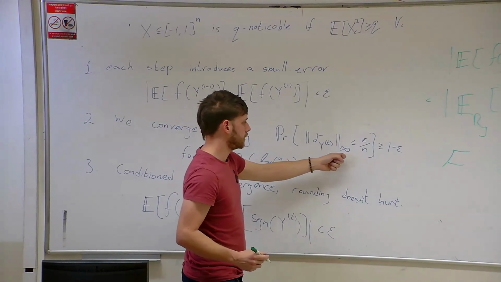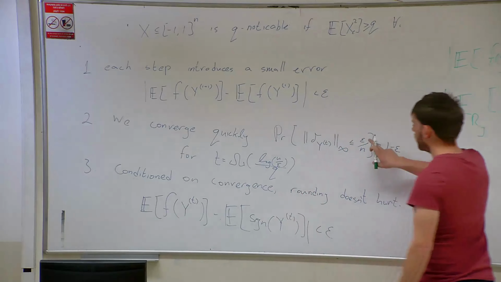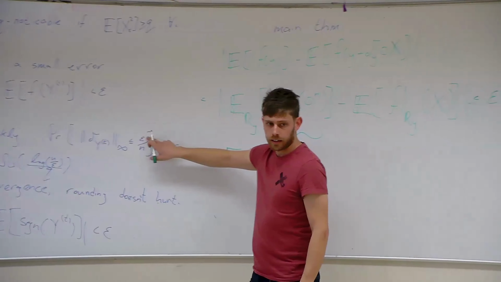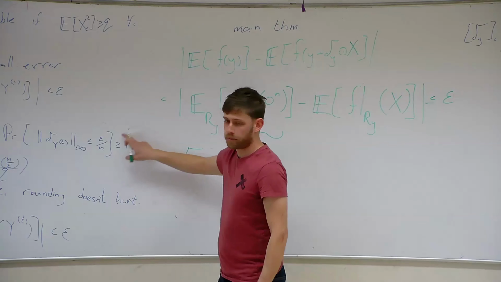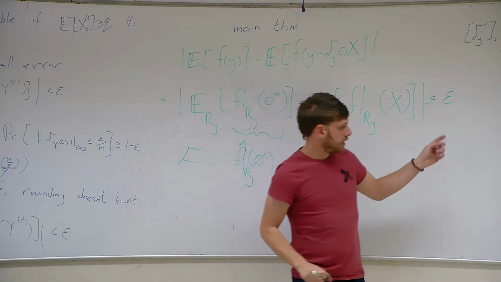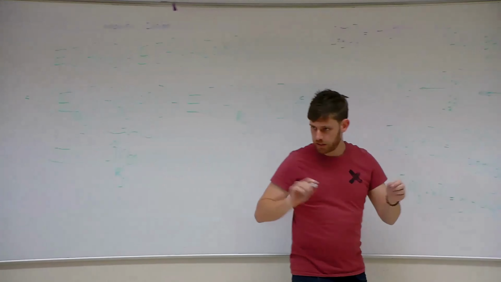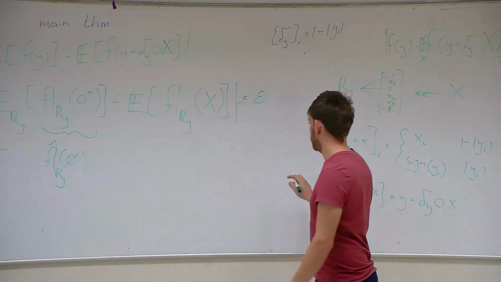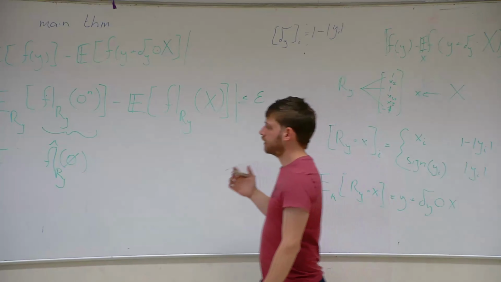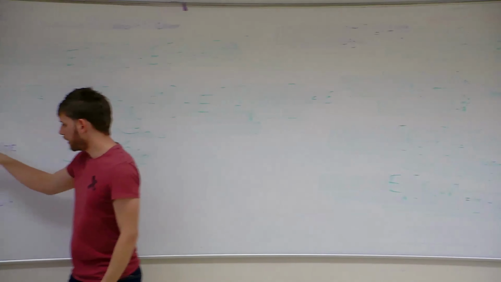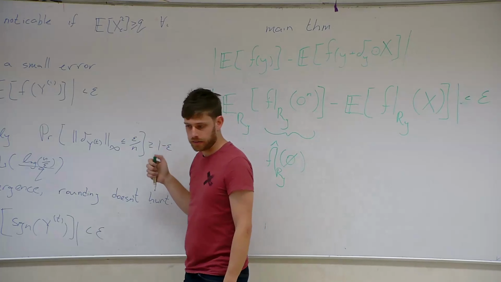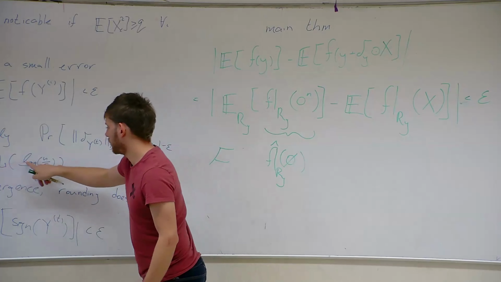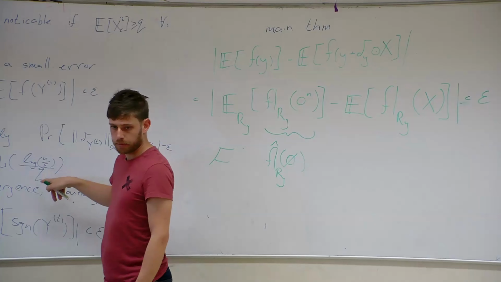This suffices for this condition to hold, which is very strong. We'll be really close to the corners, like epsilon over n in the infinity norm, with very high probability. These random walks, the one we described before, converge really fast. They get really close to the corners with very high probability, and we only need t equals omega of log n over epsilon steps.